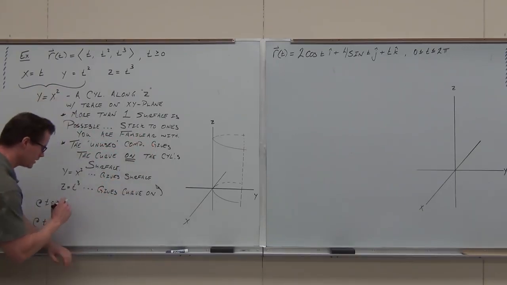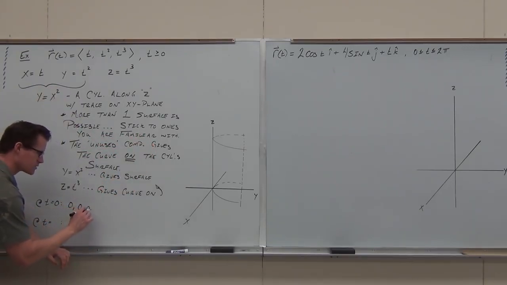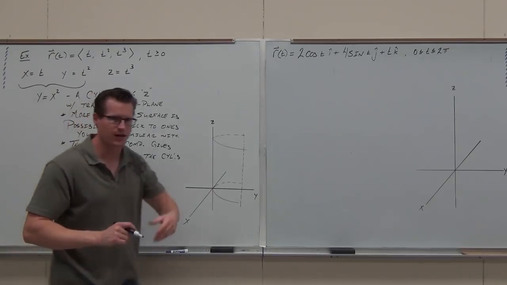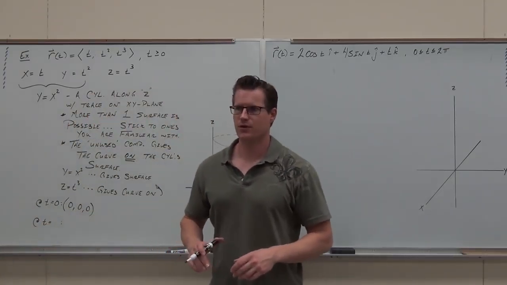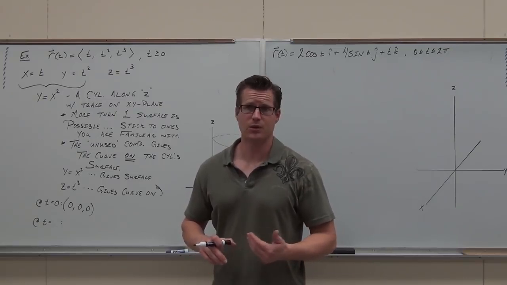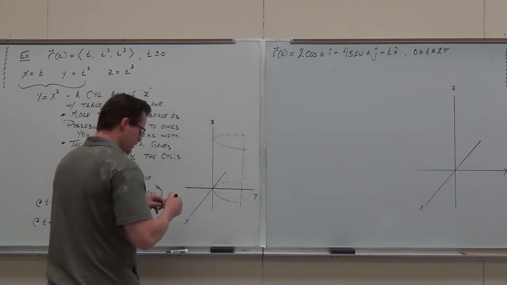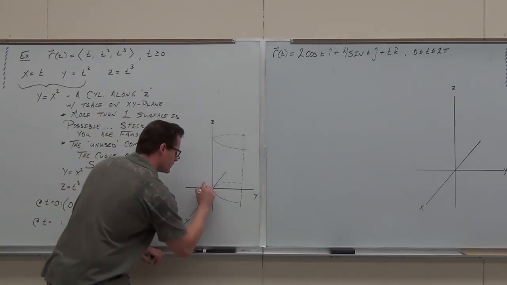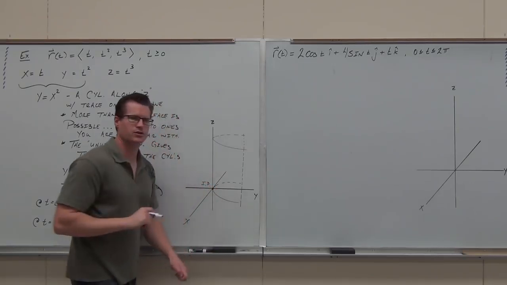The terminal point is 0, 0, 0. So even though this is technically a vector, I'm talking about the terminal point of said vector. Head nod if you're okay on that one. Where's my vector function start? That's literally where it starts. So right now in my purple pen, I know my curve starts right there.